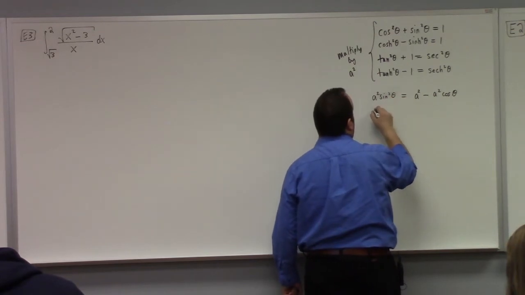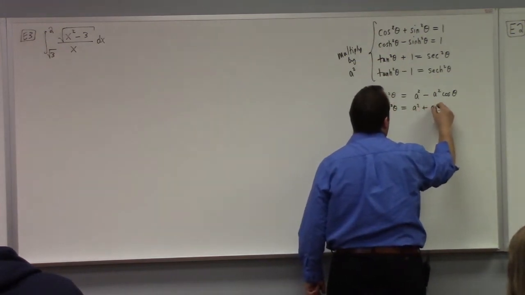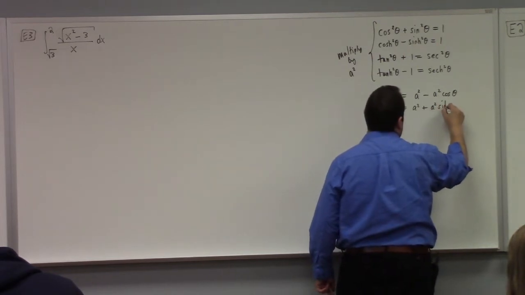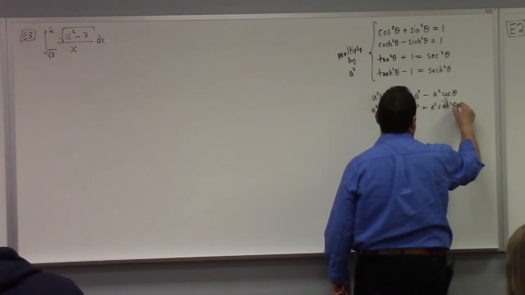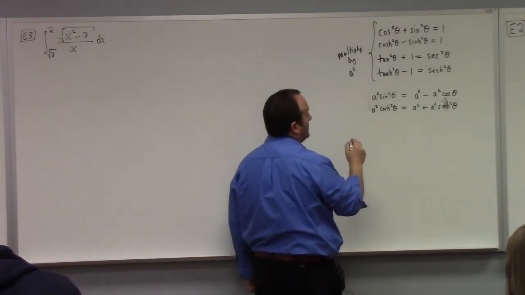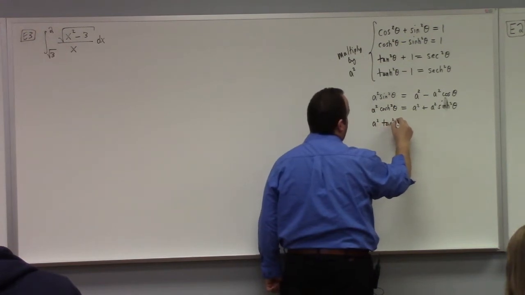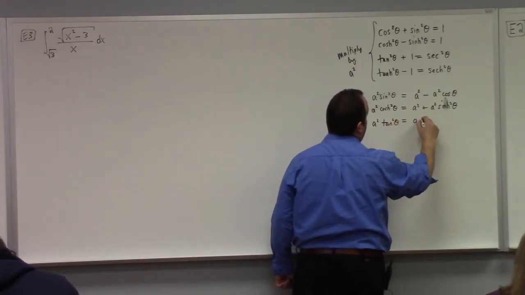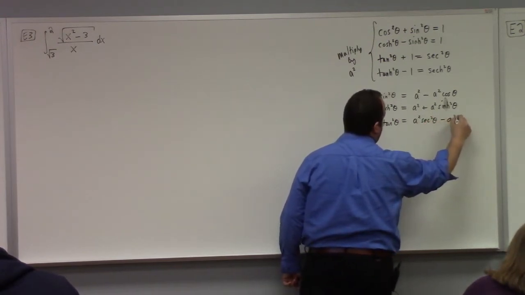I also get that a squared cosh squared theta is equal to a squared plus a squared sinh squared theta. I can also derive that a squared tangent squared theta is equal to a squared secant squared theta minus a squared.